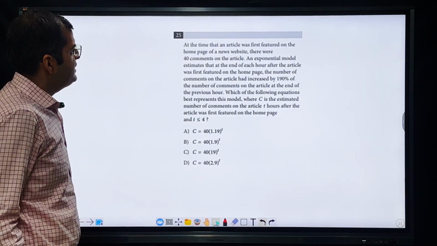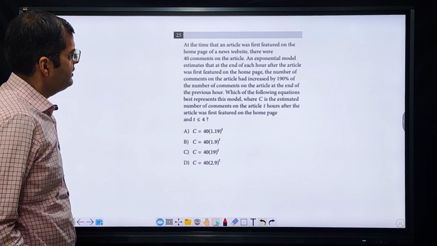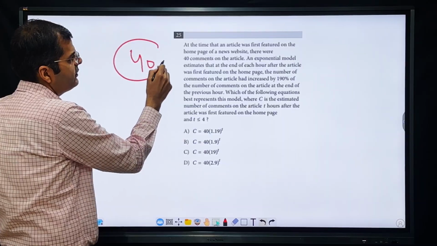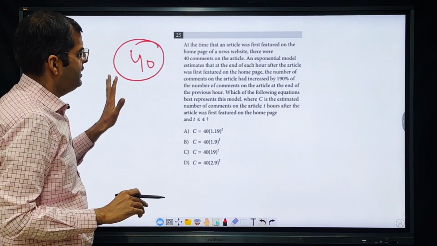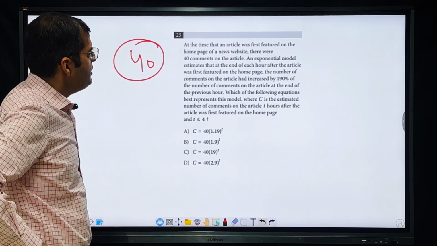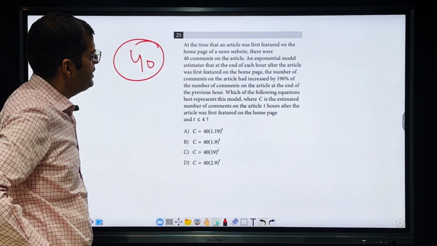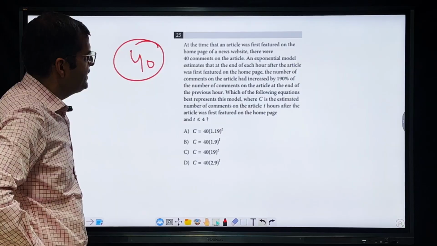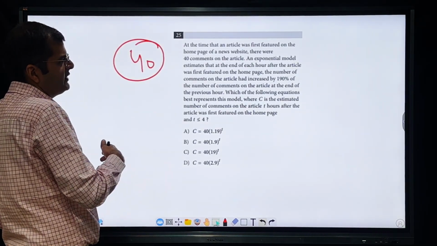Now this question says, at the time that an article was first featured on the homepage of a news website, there were 40 comments on the article. The exponential model estimates that at the end of each hour after the article was first featured, the number of comments had increased by 190% of the number of comments at the end of the previous hour.